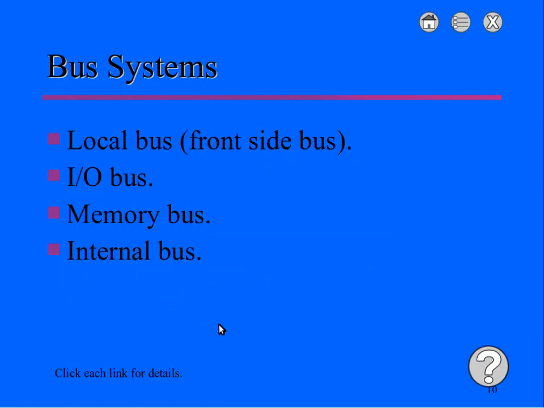So, for example, the local bus has both data and address information as well as control signals. The I/O bus has data, address, and control signals. The memory bus, data, address, and control signals. And the internal bus inside the CPUs would have data, address, and control signals.